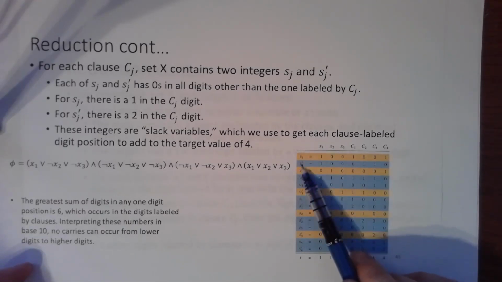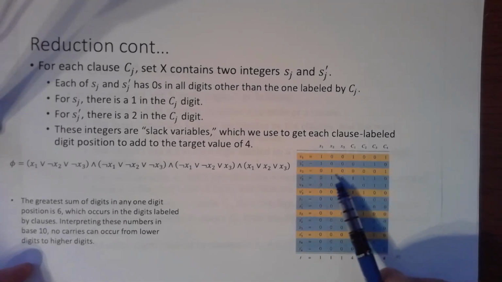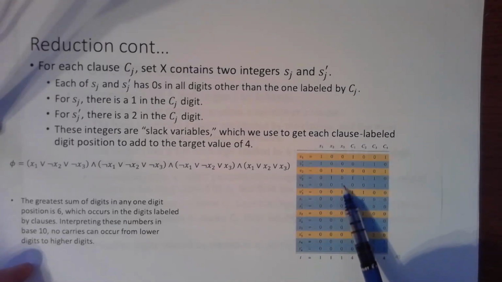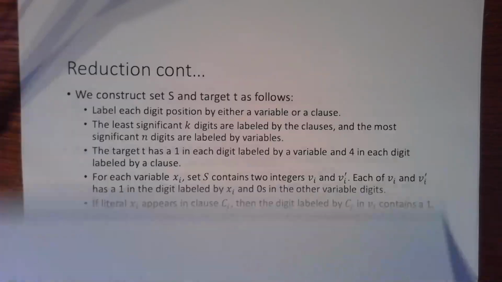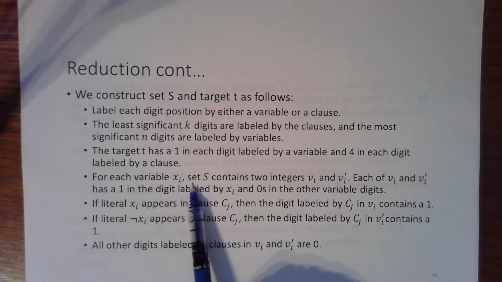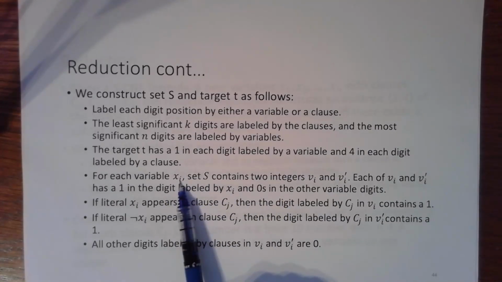That v stands for variable. v1 has a 1 in the x1 position, v2 has 1s in the x2 position, v3 has 1s in the x3 position. So that takes care of our two numbers that are associated with the variables.